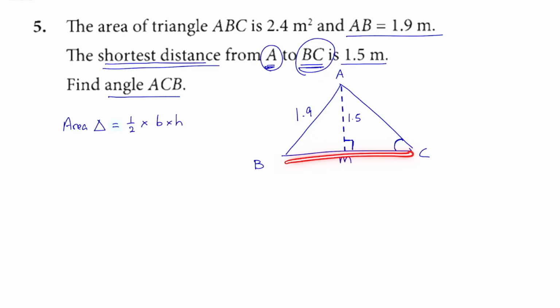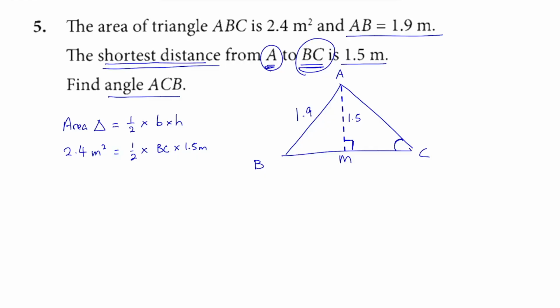This is my base, this is my height. I am given the height, I'm looking for base. I am also given the area as well. So I can just throw in the numbers. So 2.4 meter square equals to 1/2 times base is BC, then times height is 1.5 meter.